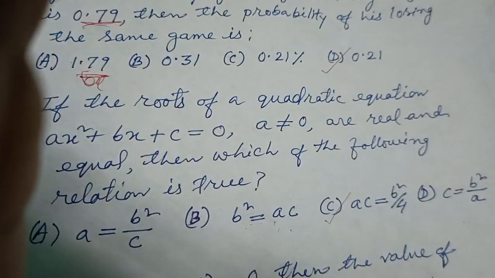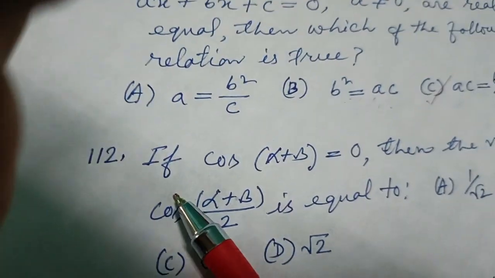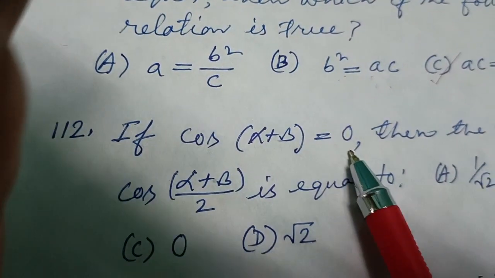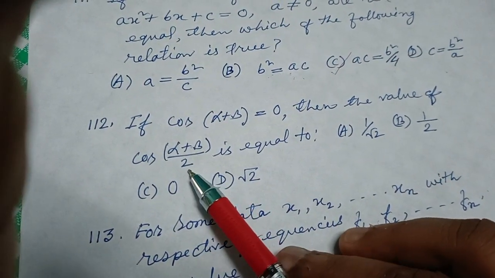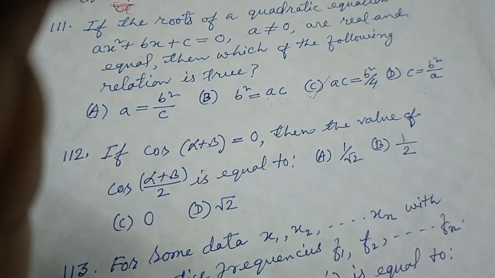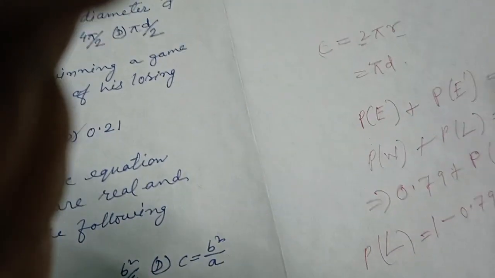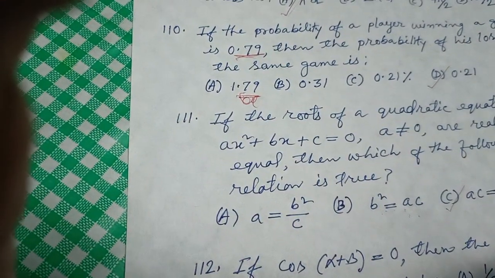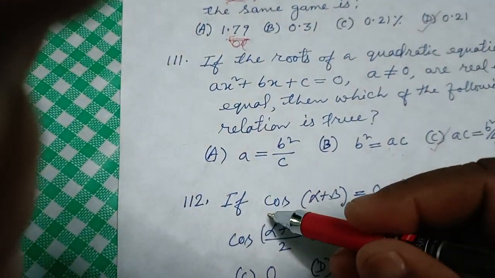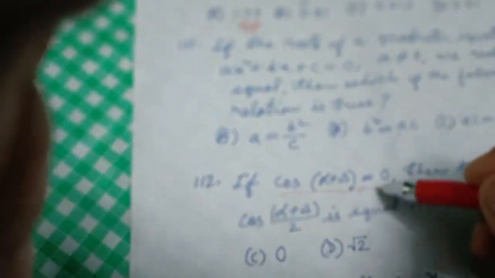Now our next question. If cos(alpha plus beta) is equal to 0, then what is the value of cos((alpha plus beta)/2)? Here in trigonometric ratios, cos(alpha plus beta) is equal to 0. From here we will start.